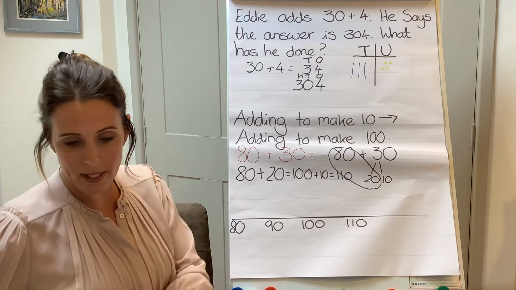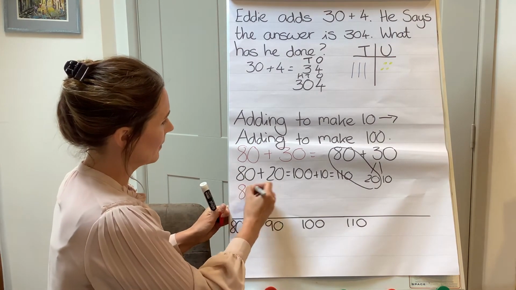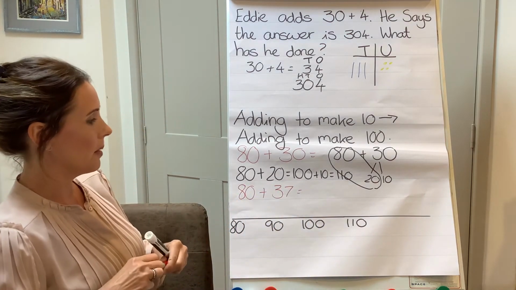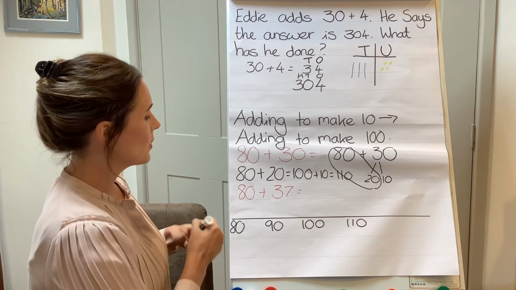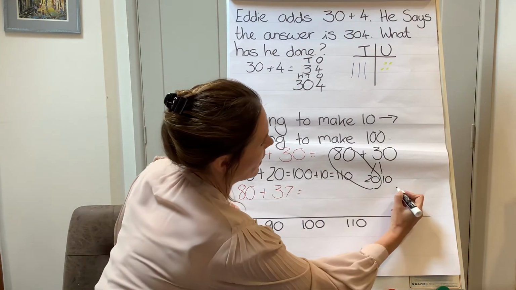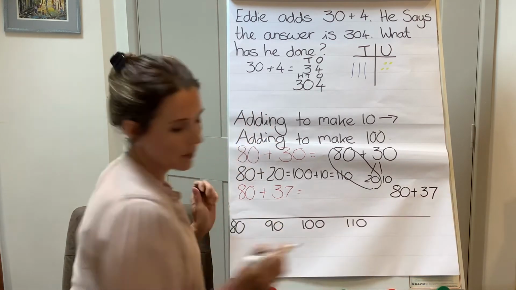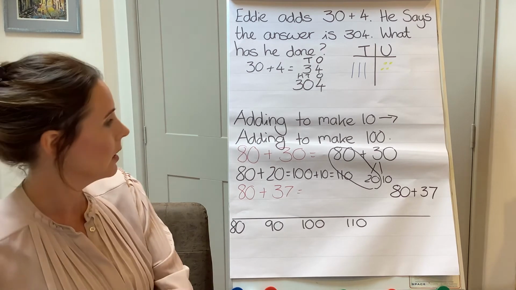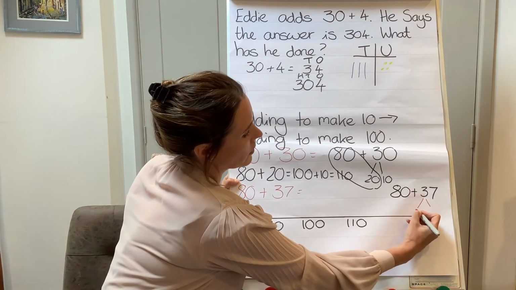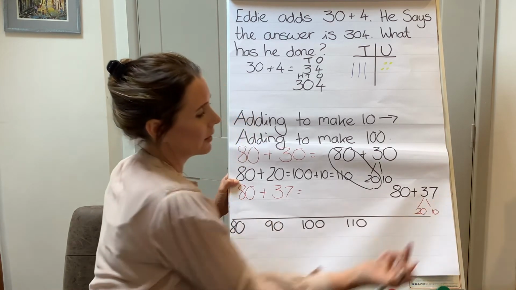So let's try this with the 10s and 1s. If we have 80 add 37, how can we use the partitioning to help us? I'm going to write it over here, 80 add 37. We can partition the 30 because we can break it into 20 and 10 and our 7.